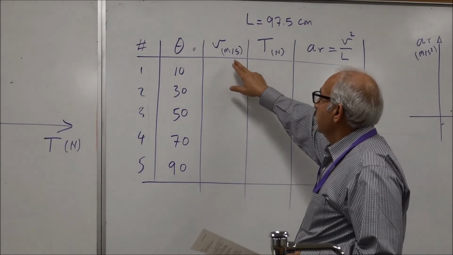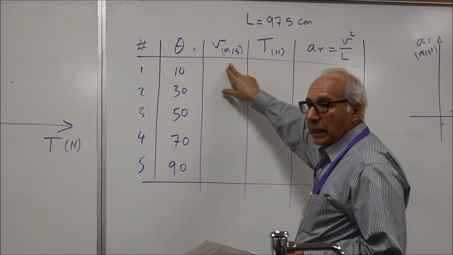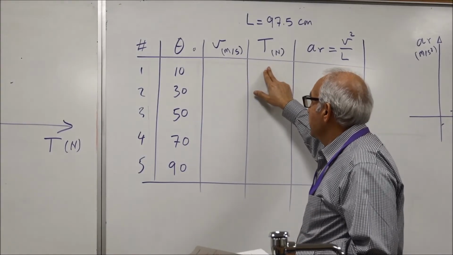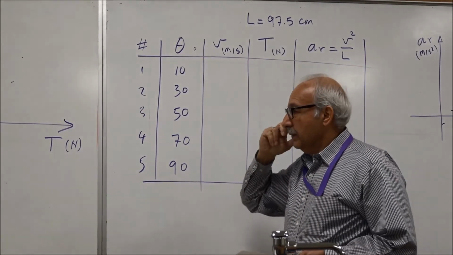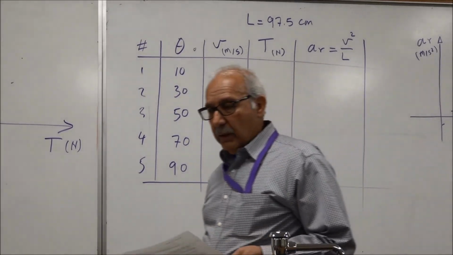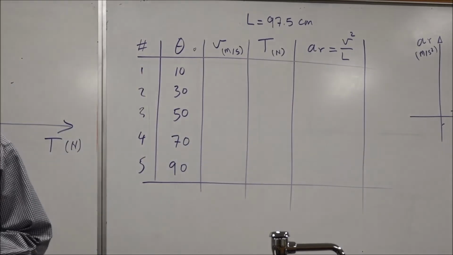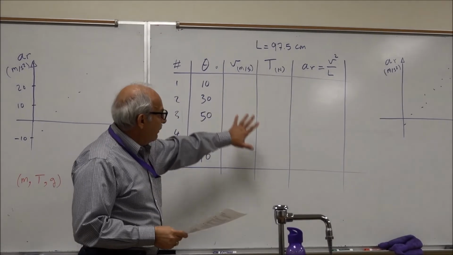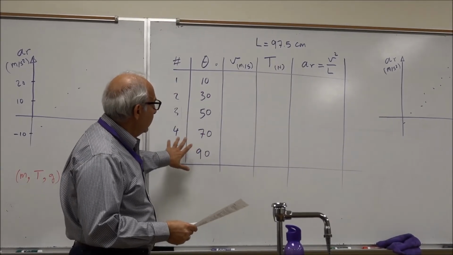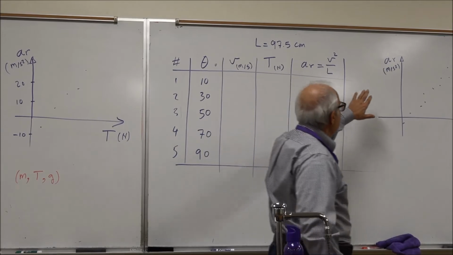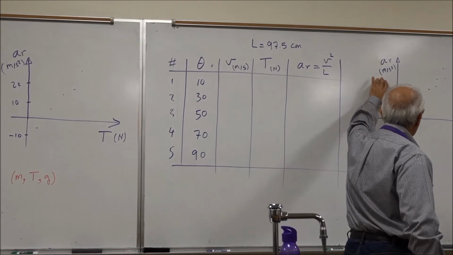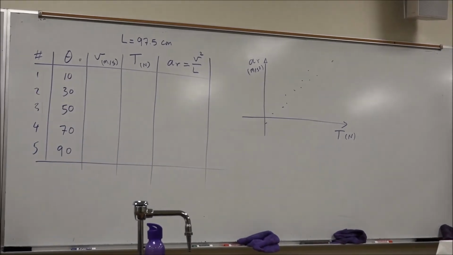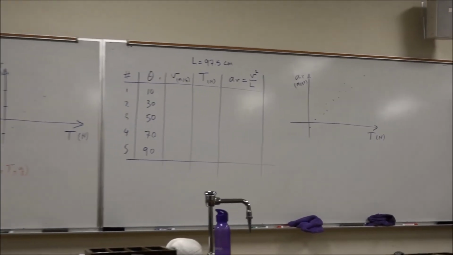You measure the velocity from the Capstone data and tension, and from the velocity, you can find the acceleration. Okay, so when you complete this table, you have all the data here, then you plot centripetal acceleration versus the tension at this particular point, okay?